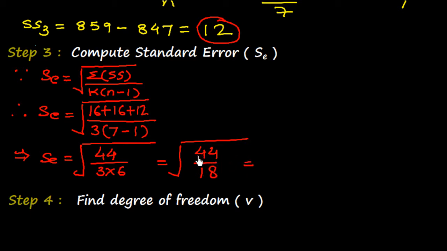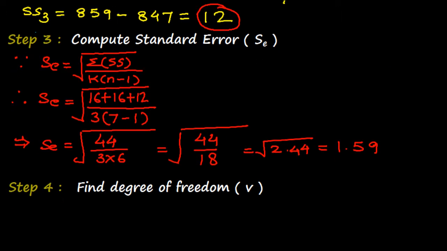If we simplify this, we get square root of 2.44. If we divide 44 by 18, we get 2.44, and we find out the square root of 2.44, we get 1.56. So this we have got, the standard error, AC.